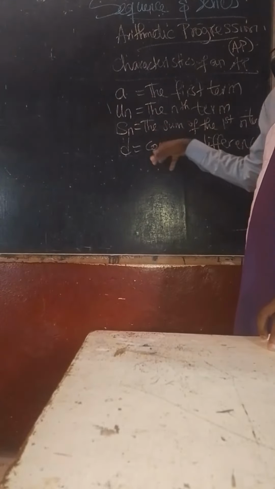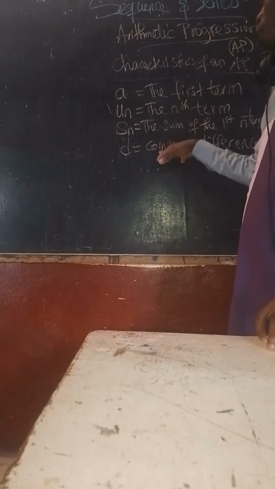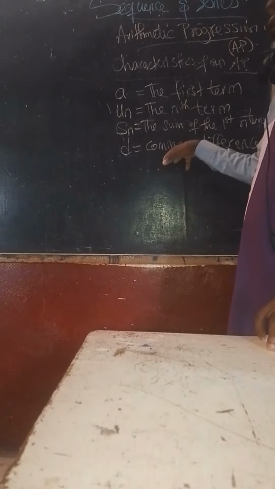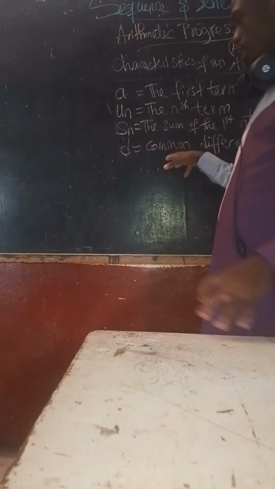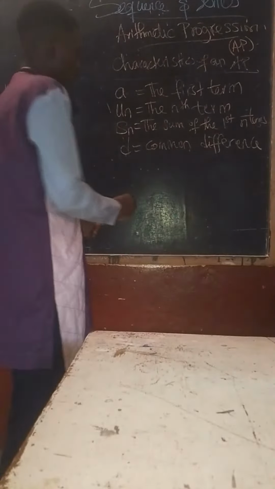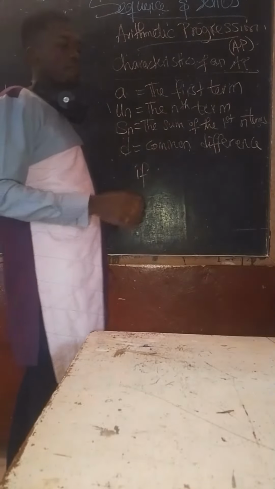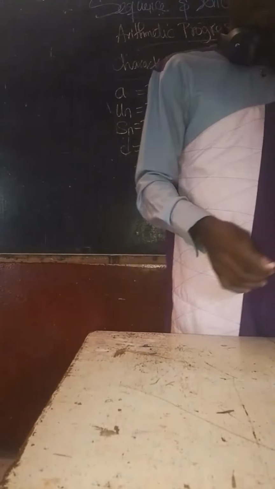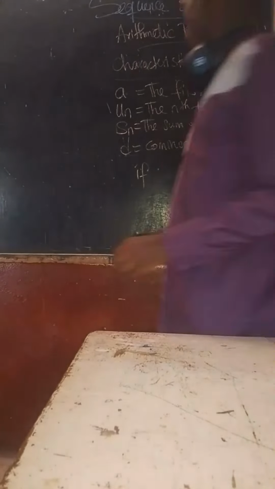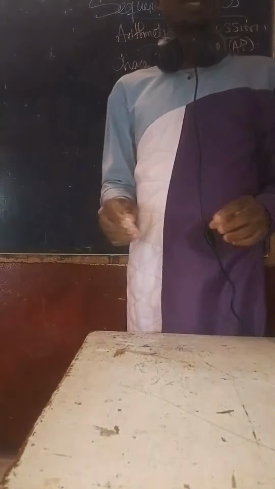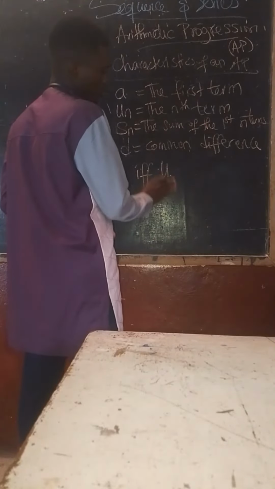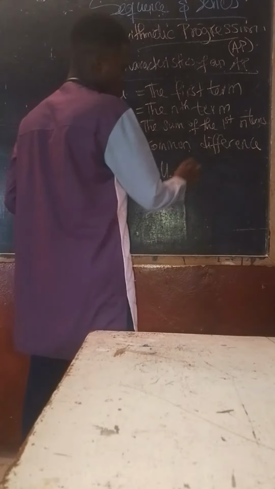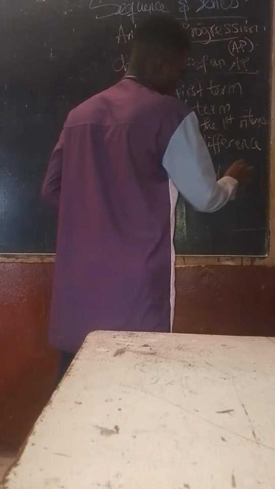The next thing is how to prove that a progression is arithmetic, or how to show for an AP. A progression is arithmetic if and only if U3 minus U2 is equal to U2 minus U1.